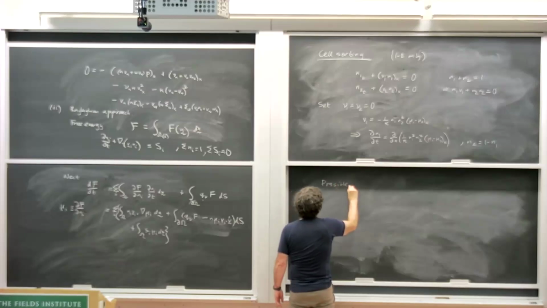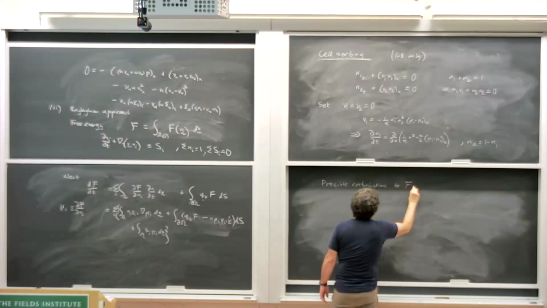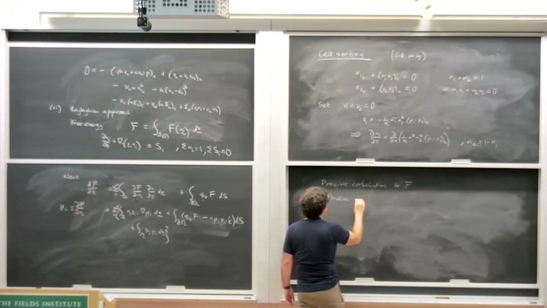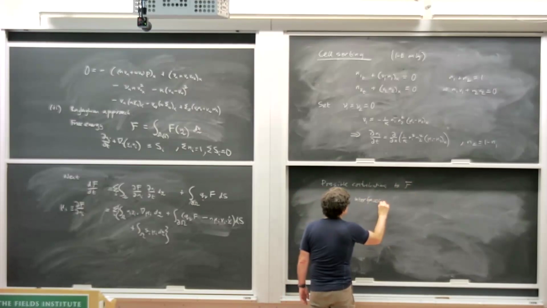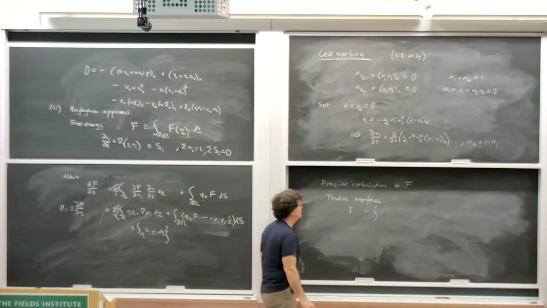So possible contributions to F: penalize interfaces, stop the thing becoming ill-posed when diffusion is backward, which I'll come to second. Slightly odd order in which to do it, but I think it's going to be simpler to explain.